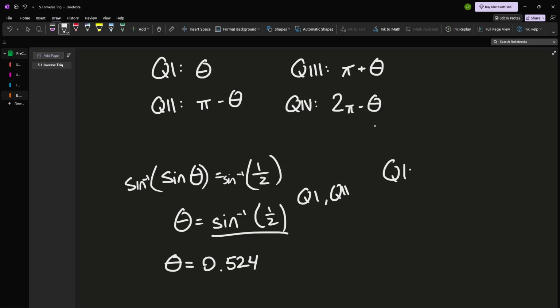At quadrant 1, I want just my angle, so theta equals 0.524. In quadrant 2, I want pi minus theta, pi minus 0.524.